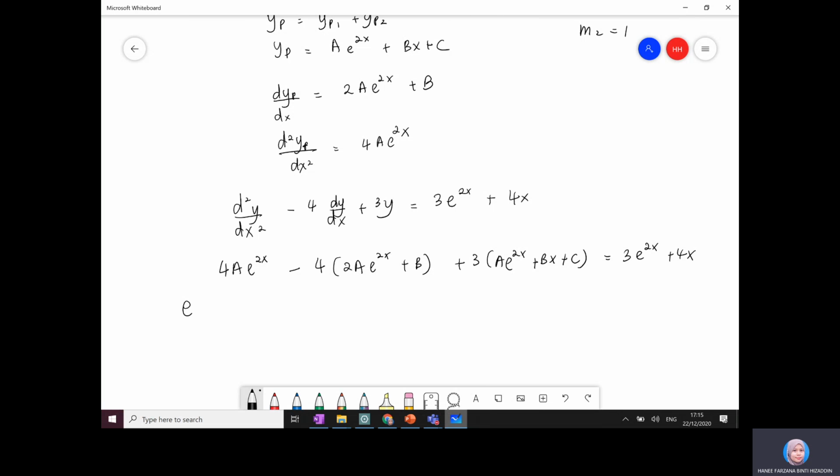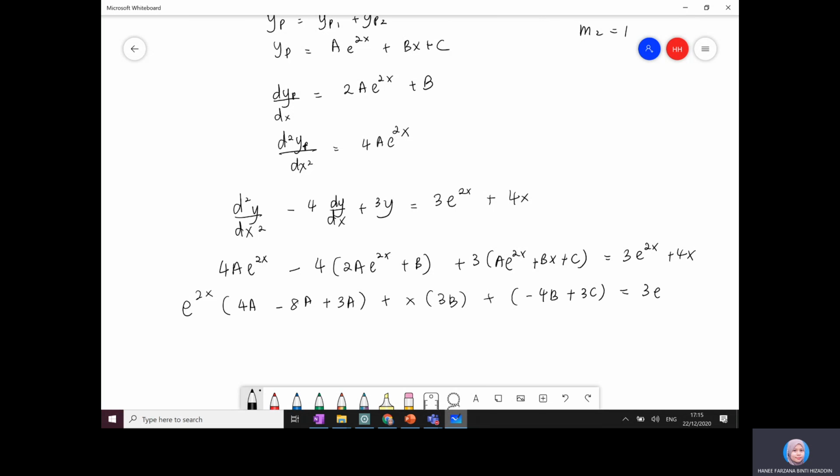And now we're going to compare the coefficients. So we're going to collect all the similar terms together. We collect the e to the 2x terms: 4a minus 8a plus 3a, plus the terms with x, which is just 3b, plus the terms without x, which are negative 4b plus 3c.